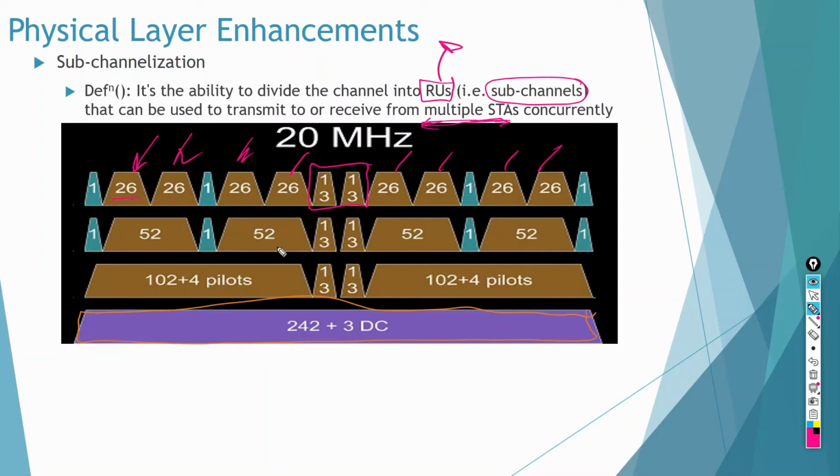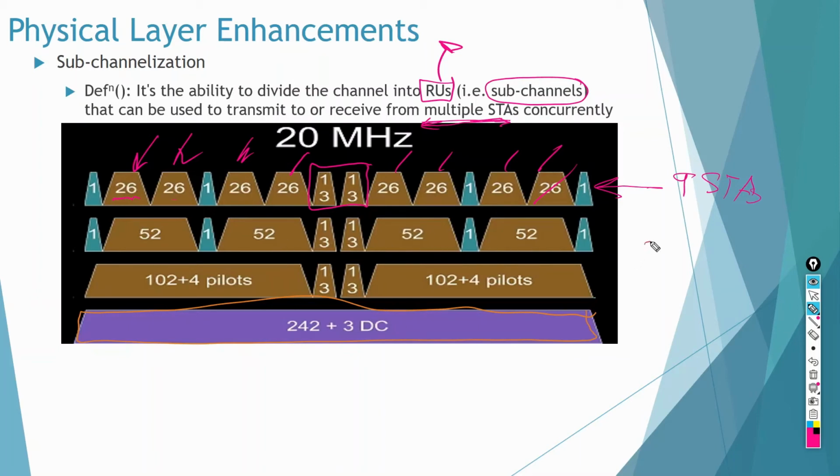So the minimum number of subcarriers per RU is equal to 26. The idea behind subchannelization, if I go with this option, is that I can support up to 9 stations at the same time, because instead of assigning the whole channel to one client, I can assign each RU to a user.